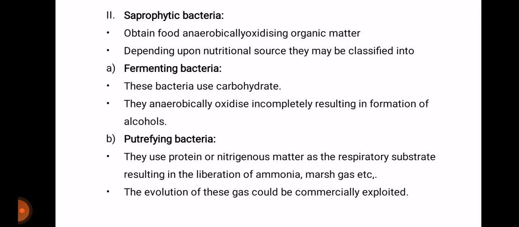And the next one is putrefying bacteria. These make use of protein or nitrogenous matter as the respiratory substrate, resulting in the liberation of ammonia and marsh gas, that is methane. The evolution of these gases could be commercially exploited.